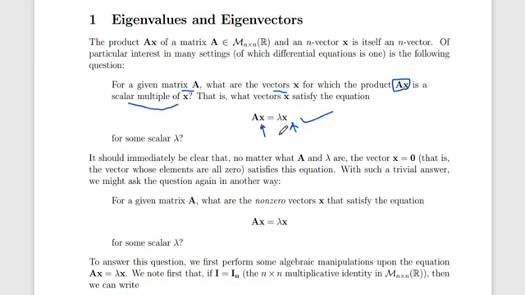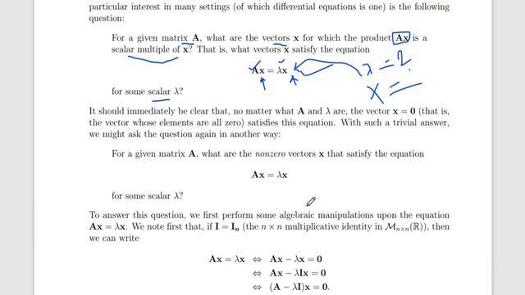Lambda is an eigenvalue, or scalar value, and x is the related eigenvector, for some scalar lambda. So we have to find lambda, then put this lambda in this equation. We now have the matrix A and lambda, so we can find the eigenvector.